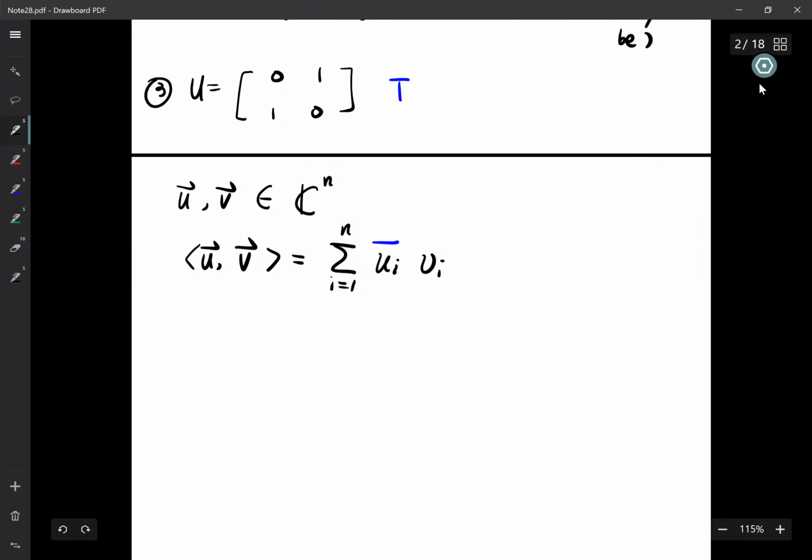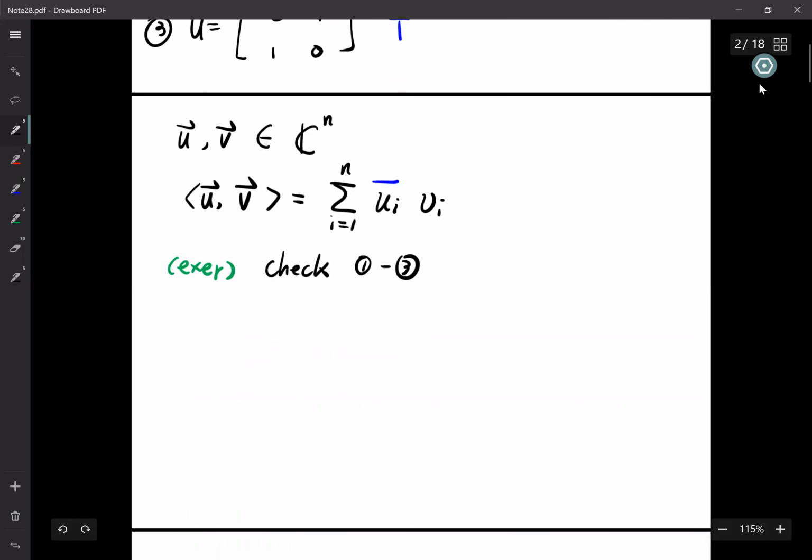You should check the properties 1 to 3, which is the inner product of u and v equals the conjugate of the inner product of v and u. Indeed, if I exchange v and u, I need a bar to make them the same. And u plus v with w equals u with w plus v with w, and so on and so forth.